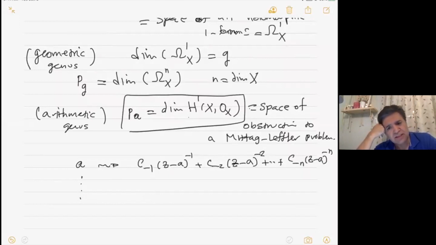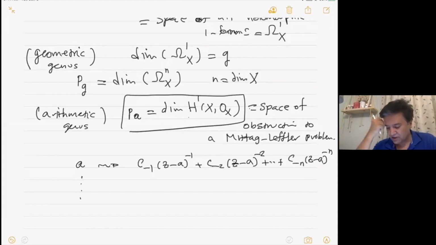Now, if you study this problem on a Riemann surface, not just on C, you see that this problem doesn't always have an answer, even in the case when you have a finite number of points. And the obstruction to finding this answer is described by a space that in modern language is nothing but the first sheaf cohomology of X with coefficients in O_X.